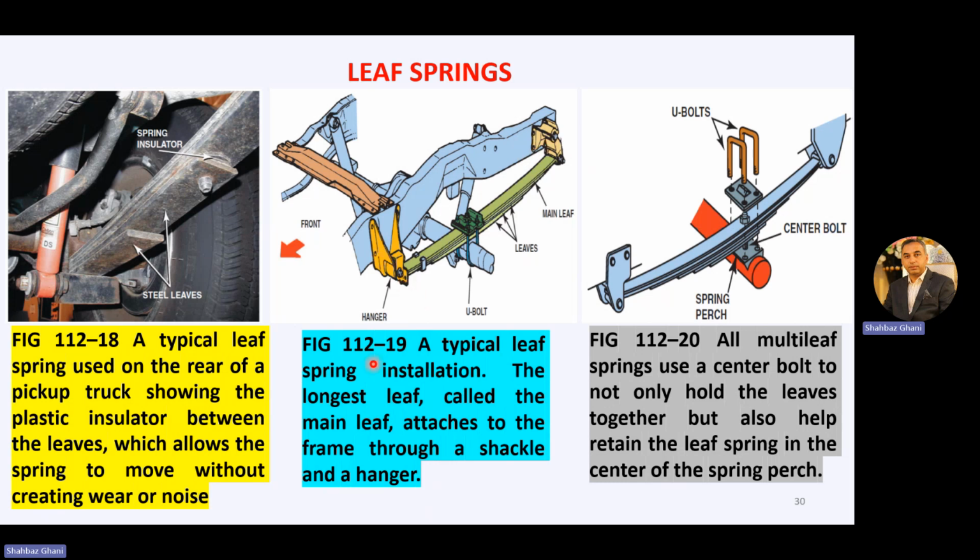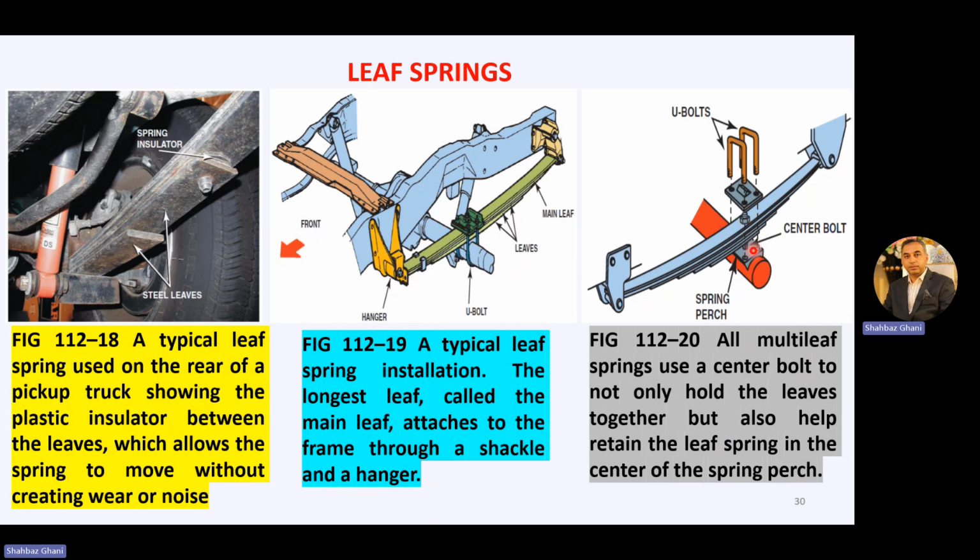The next slide. So this is your main leaf spring, and the rest are the steel leaves attached with it, depending upon the compression or the spring load we require. Now all multi-leaf springs use a center bolt, not only to hold the leaves together, but also to help retain the leaf spring in the center of the spring perch.